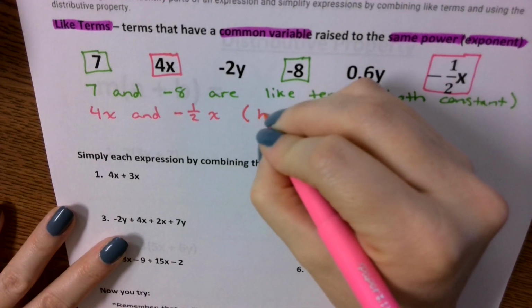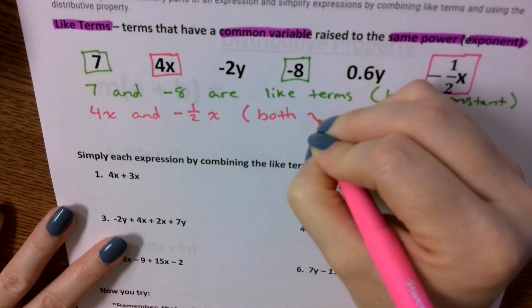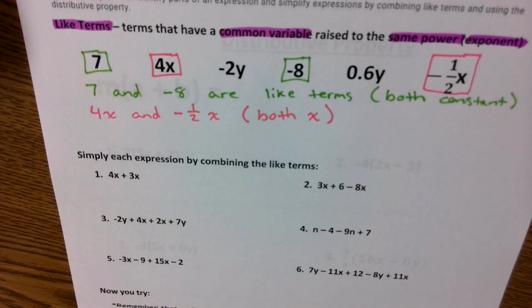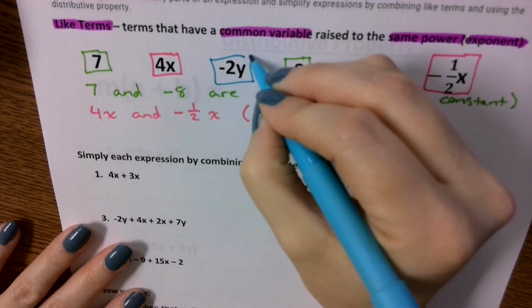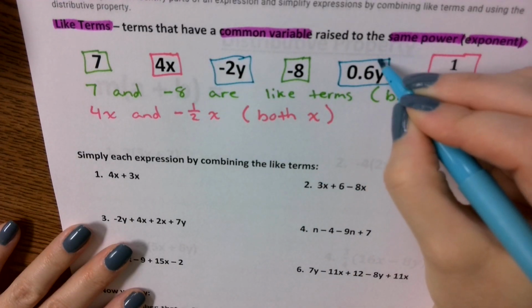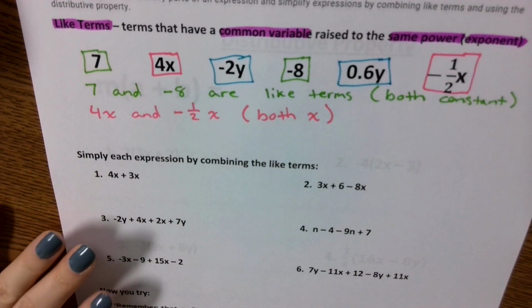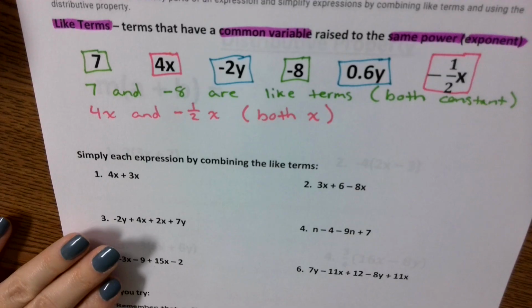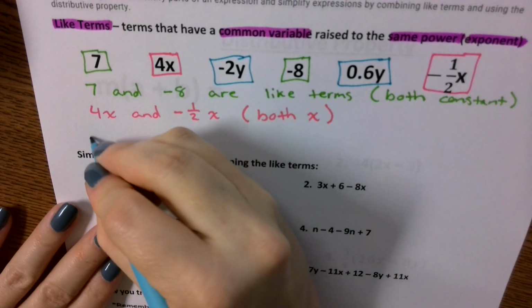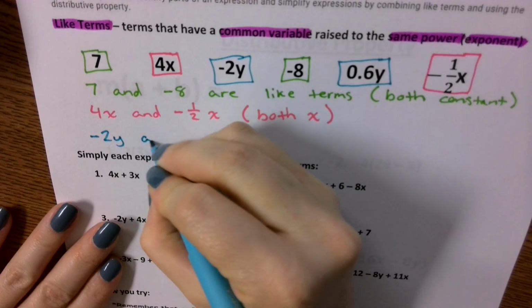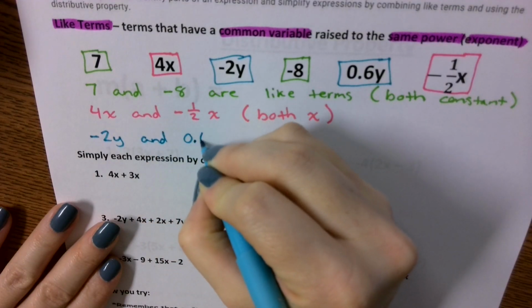The fact that they both are in terms of x to the first power means that they're like terms. And then we've got negative 2y and a positive 0.6y. Again, they are the same type of variable, both y to the first power. That makes them like terms.